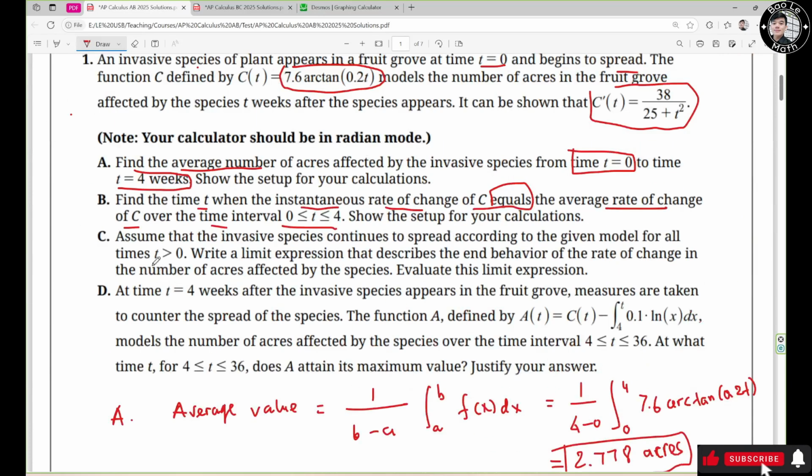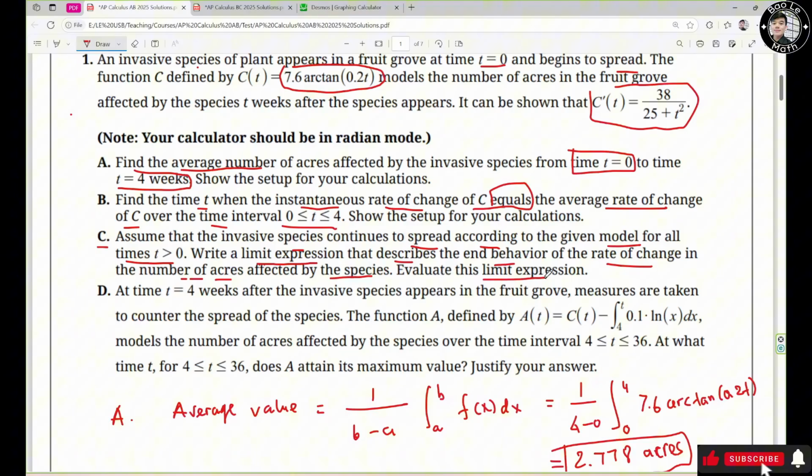Alright, let's move on to question C. Assume that the invasive species continues to spread according to the given model for time t greater than 0. Write a limit expression that describes the end behavior of the rate of change in the number of acres affected by the species.